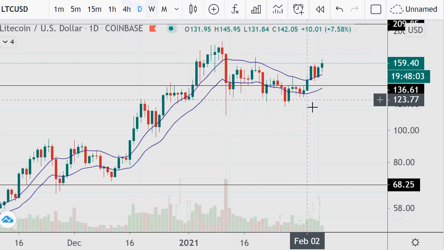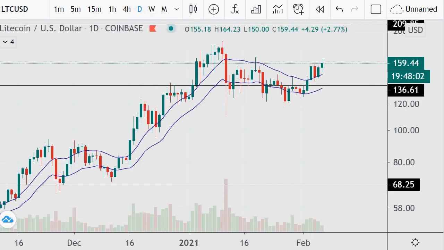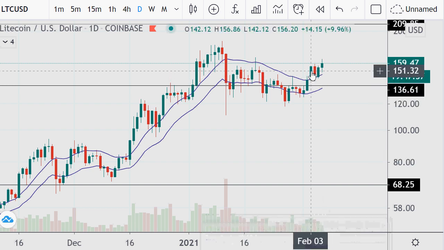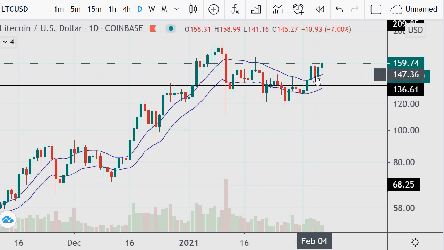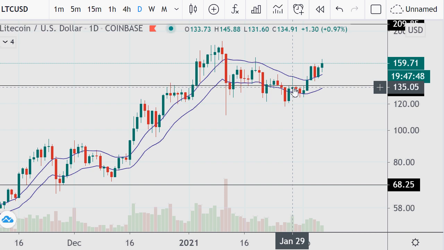But I don't think we're that far away, and I like the setup that I'm seeing on the daily time frame. We have this green candle breaking out, then the red candle coming back down to where we came from, especially when we look at the January 9th highs.